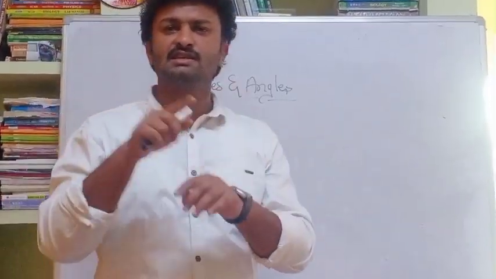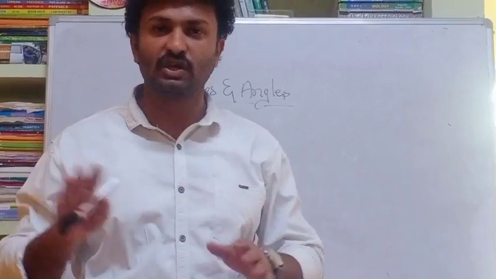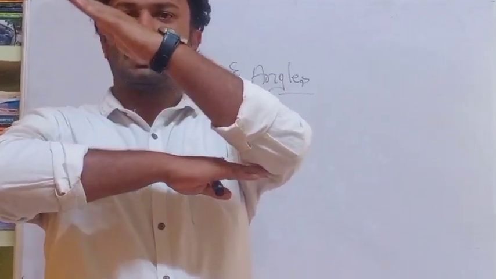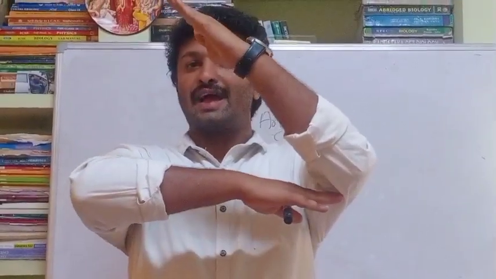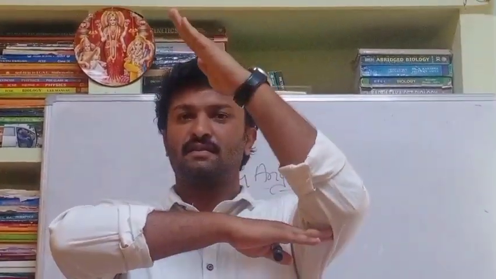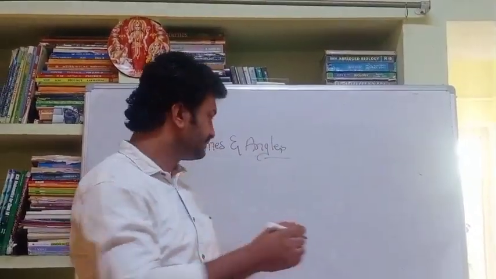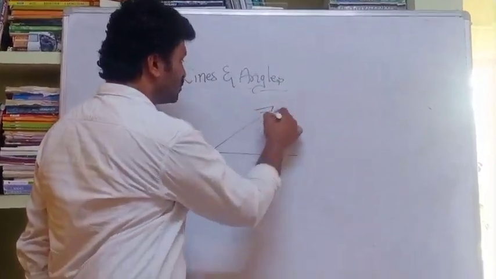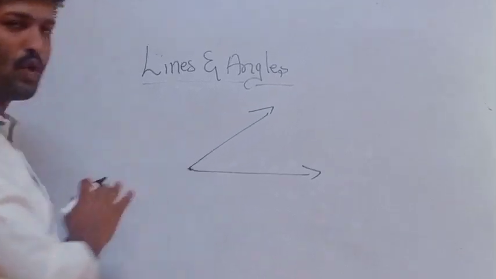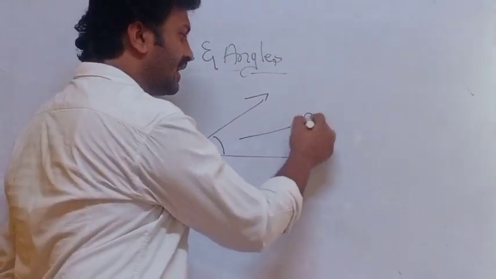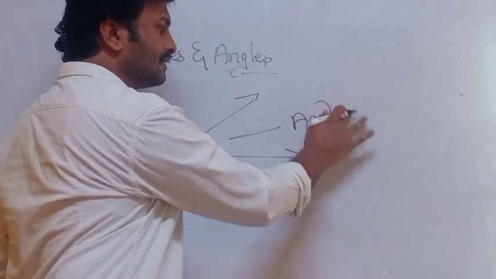First one is the zero angle, which measures 0 degrees. And this one is called an acute angle. When two rays meet at a common point, we call it an angle.